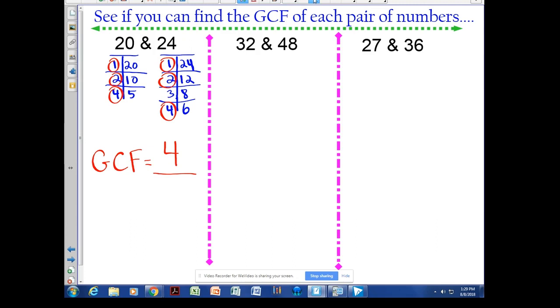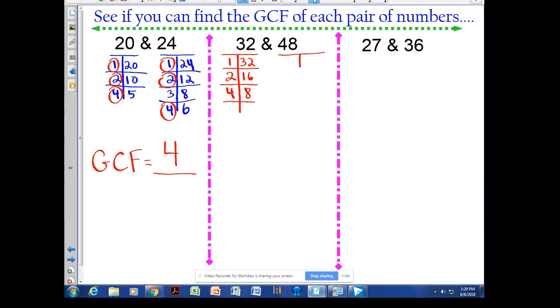Okay, let's try the next one. Oh, these numbers are getting a bit bigger. They might have a lot more factors. Be careful. 1 times 32, 2 times 16, 4 times 8, I don't think 5, I don't think 6, 7. Okay, so we have 1, 2, 4, 8, 16, and 32.